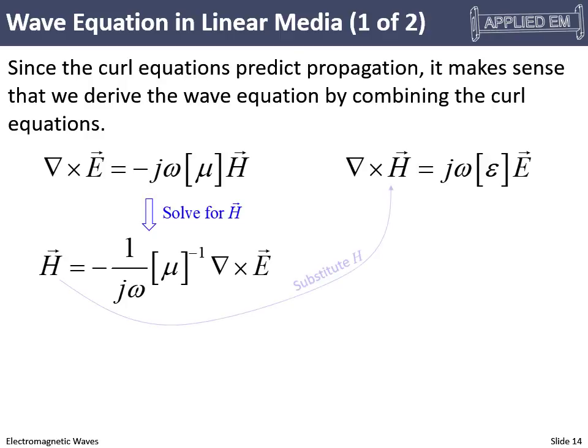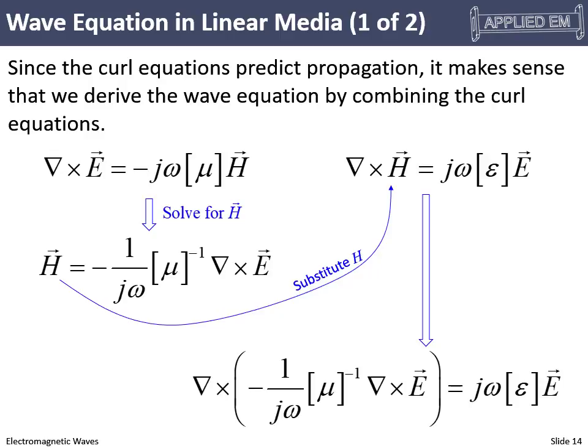We can then take that expression for the magnetic field and substitute that into the second curl equation. Now we have a single equation just in terms of the electric field. So that really is the wave equation. Now we're going to work on that and simplify it, but that is the wave equation. It contains information from both curl equations, but just in terms of a single field quantity.